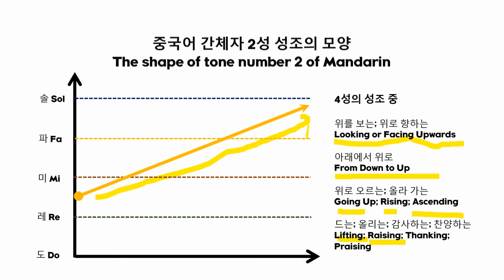I just added another key concept here. Lifting, raising reminds me of thanking, praising, maybe to God. Okay, so these are the major 4 key concepts of the tone number 2 from its shape. Please try to remember.